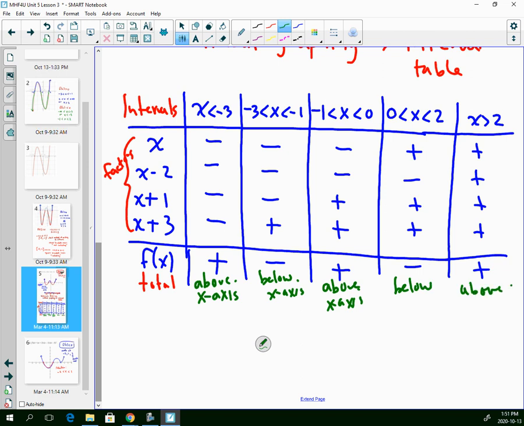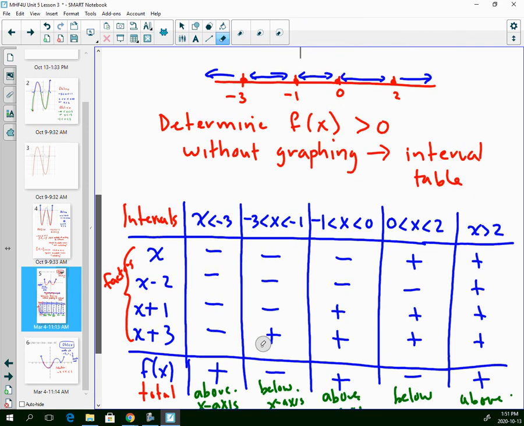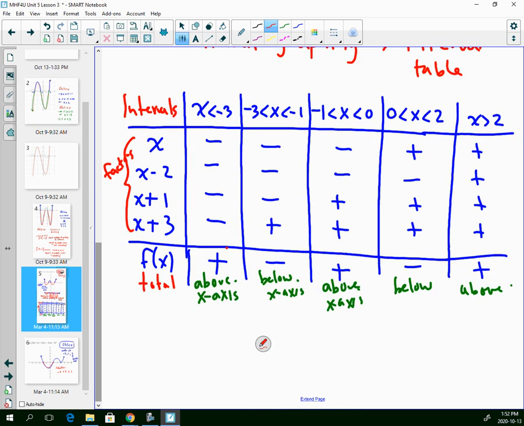Okay, so if I were just looking at my table and answering the question, where is f of x greater than 0, which means where is it above the x-axis? Well, I'm looking for positive results. This is where it's above the x-axis.